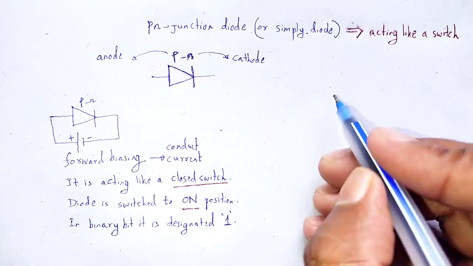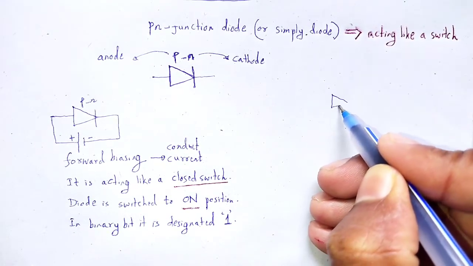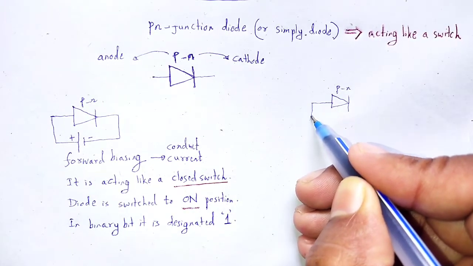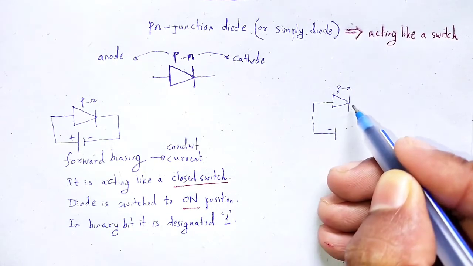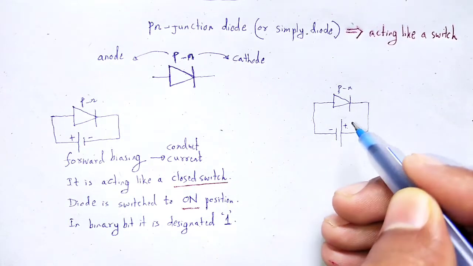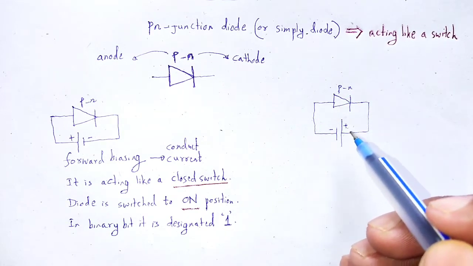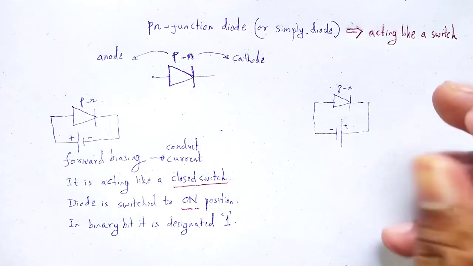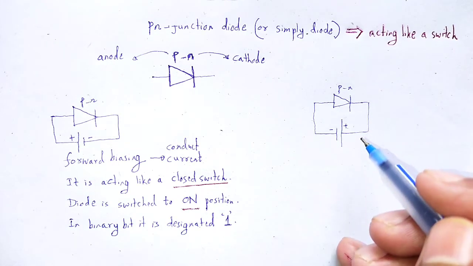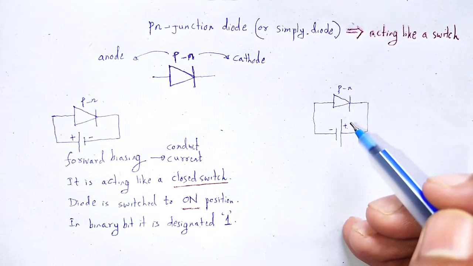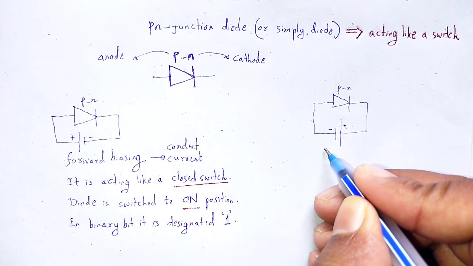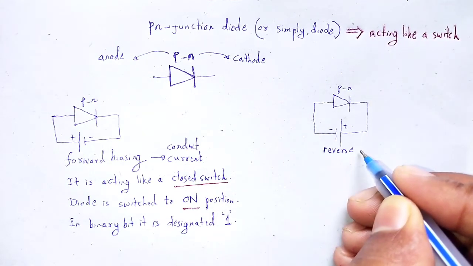On the other hand, when in the PN junction diode the P type is connected to the negative terminal and the N type is connected to the positive terminal, in other words the anode is connected to the negative terminal and the cathode to the positive terminal, in that particular case the interface offers very high resistance and that biasing is known as reverse biasing.